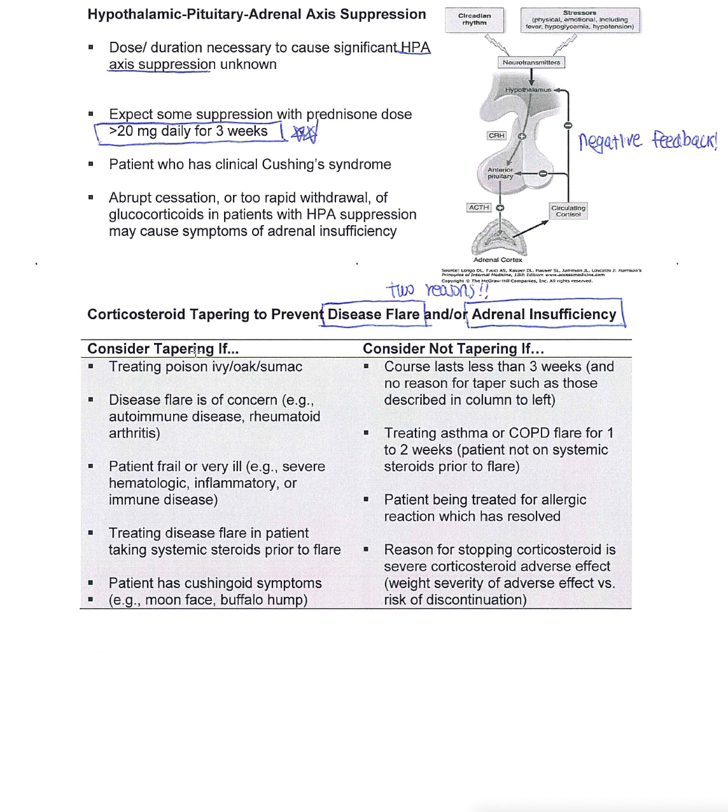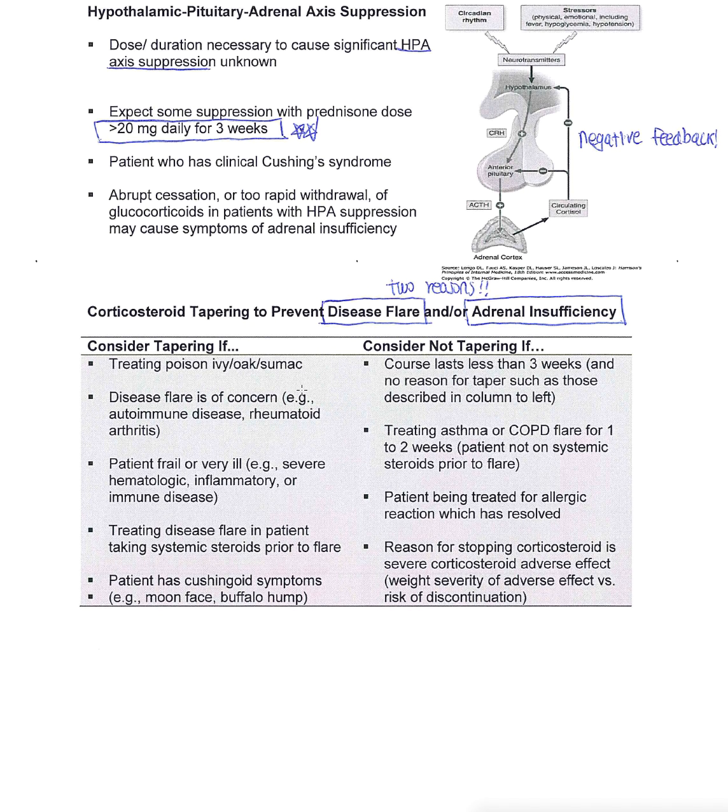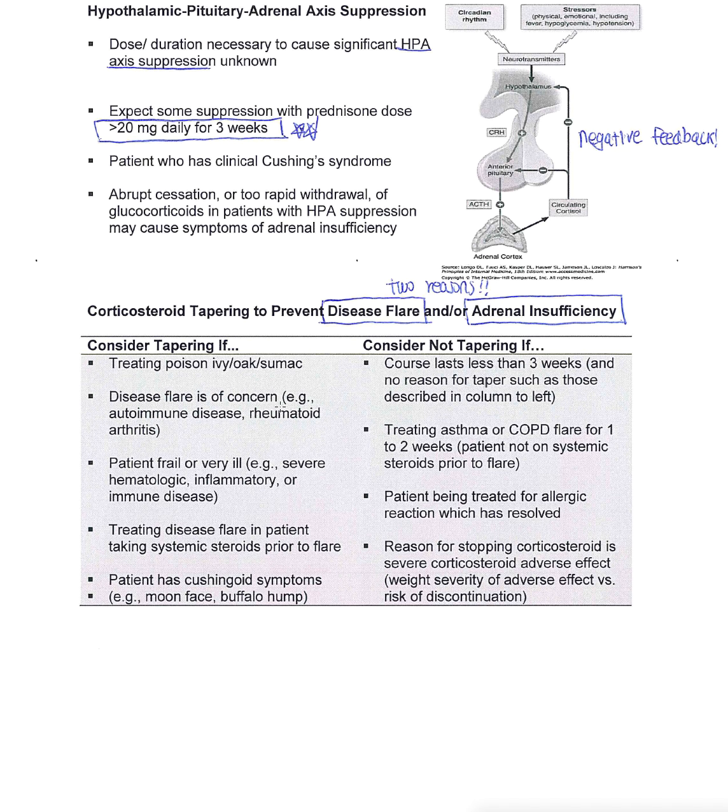Poison ivy is the most common reason for giving a Medrol Dosepak. We worry about disease flare. That's why we still taper, even though no adrenal insufficiency is likely with just a 6-day course. So again, disease flare is a concern, like autoimmune disease such as rheumatoid arthritis.